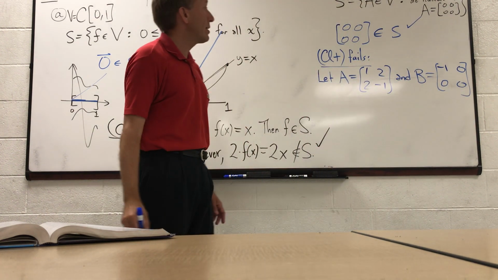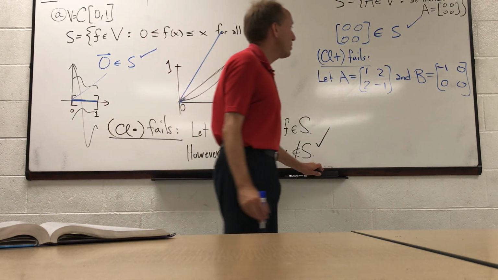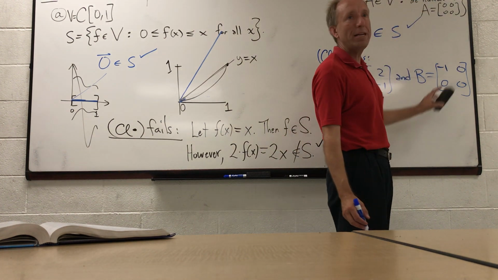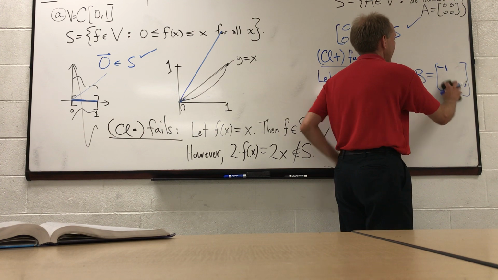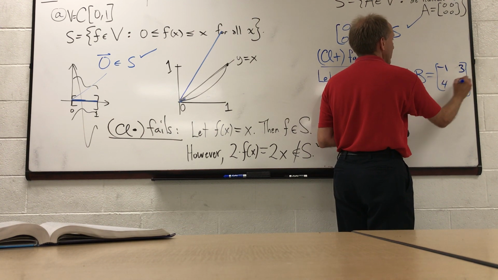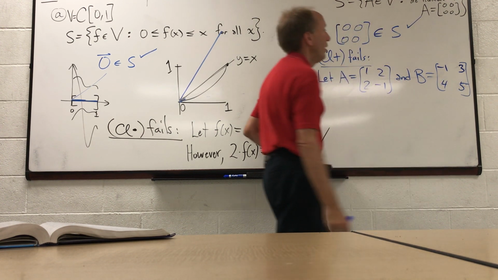I love it. Oh, except I can't do that. Because all of the entries have to be non-zero. So I don't love it, sorry. Negative 1, 3, 4, 5 or something like that? Okay, let's try that.